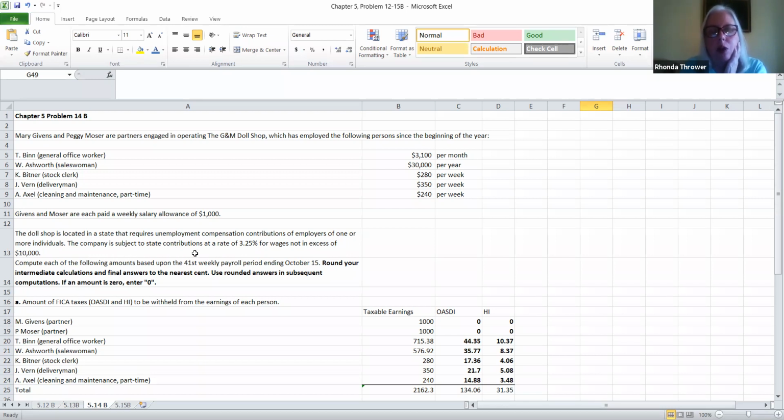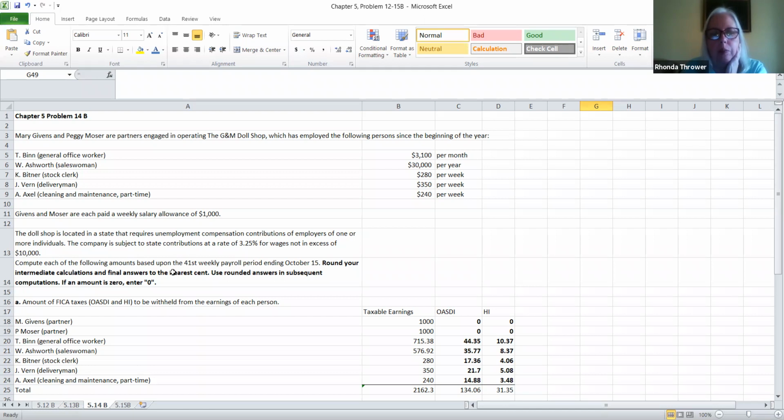The company is subject to state contributions at the rate of 3.25% for wages not in excess of $10,000. So that's a ceiling toward the SUTA for this particular state. The base or the ceiling is $10,000 of each employee's wages. They won't pay any more SUTA tax above the $10,000 for each employee.